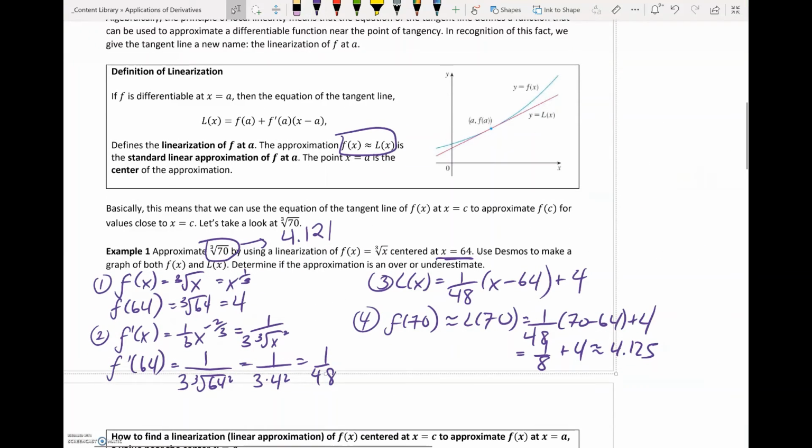So we can say that this is an overestimate. And if you want to draw a picture, it looks something like this, because the linearization line eventually overshoots it.